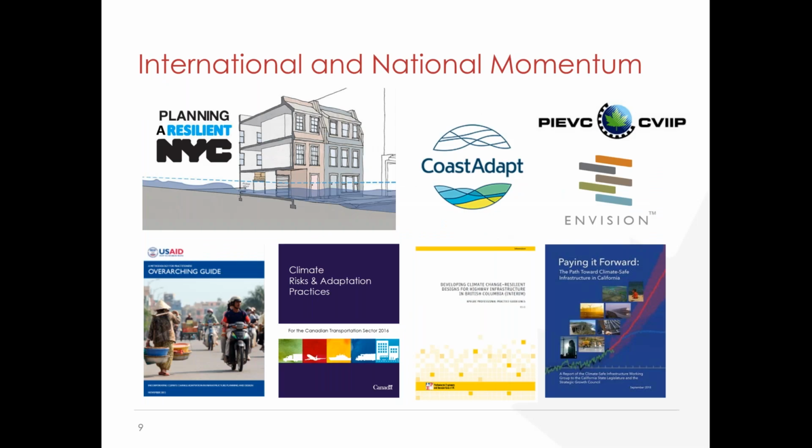So the work to develop the climate lens also builds on international and national momentum and a growing recognition of the need to consider climate change in infrastructure planning and design. The lens builds on approaches that are pursued by international aid organizations and multilateral development banks, such as the Asian Development Bank.